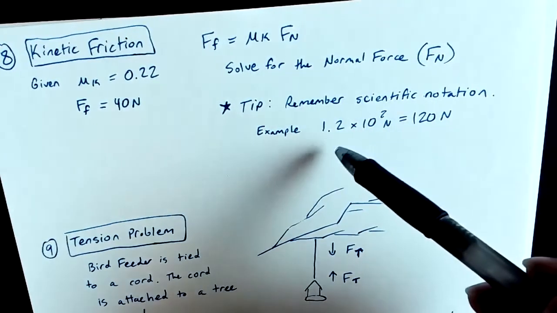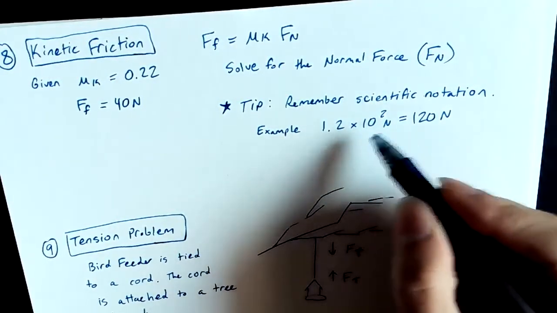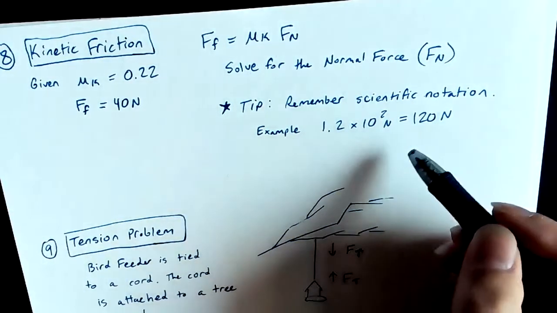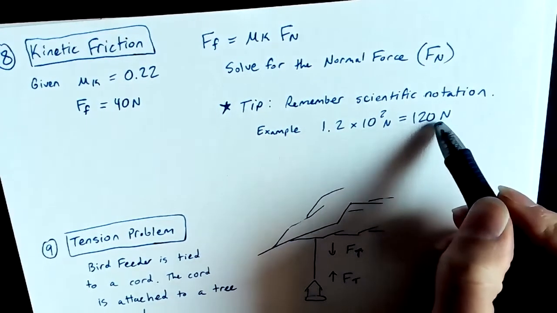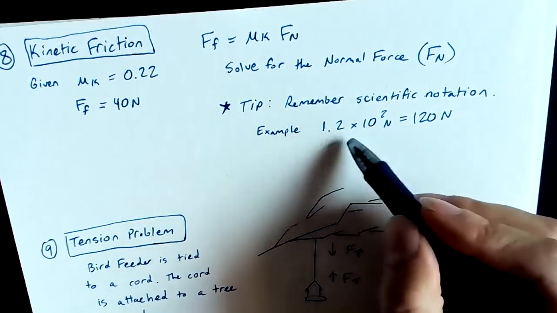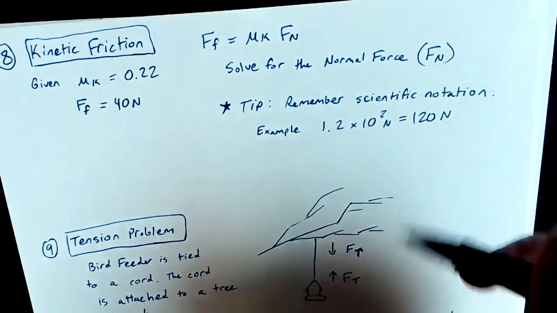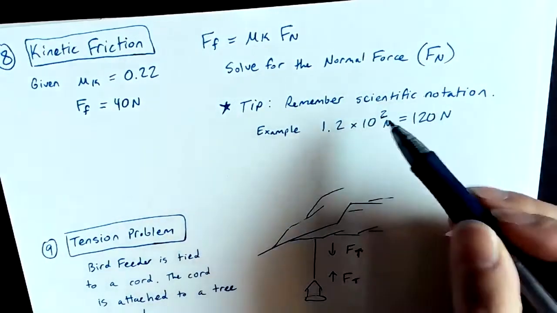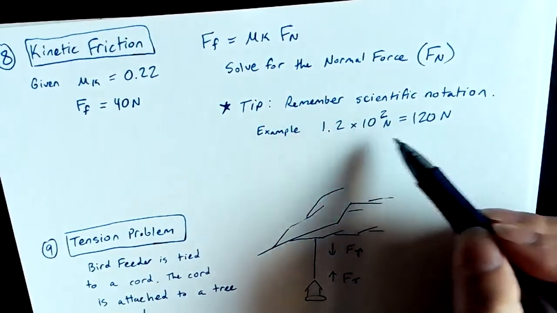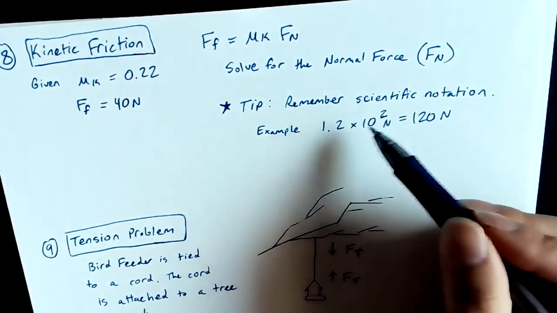Some of the answers on the multiple choice questions are given in scientific notation. So remember, for example, this is not the answer, but if you calculated 120 newtons, in the Edmentum answers, they may put that in this format, 1.2 times 10 to the second power. That is the same thing, okay? So keep that in mind. If you don't see the answer, it may be in this format.